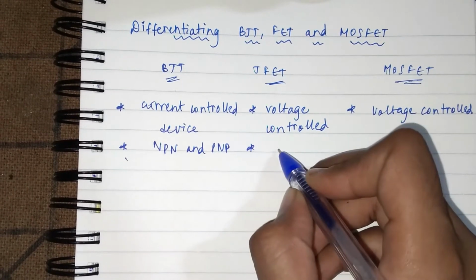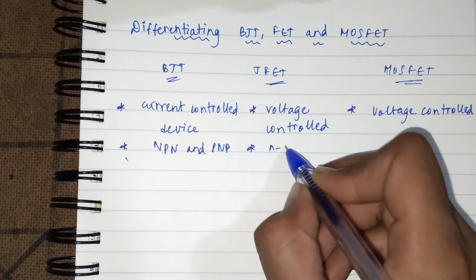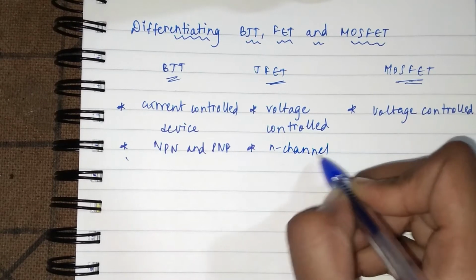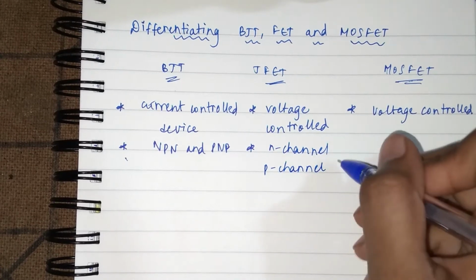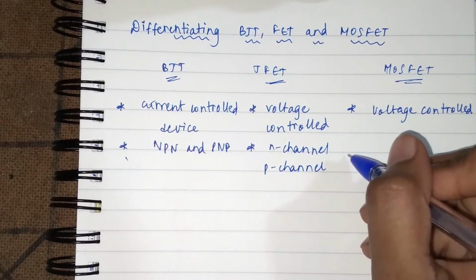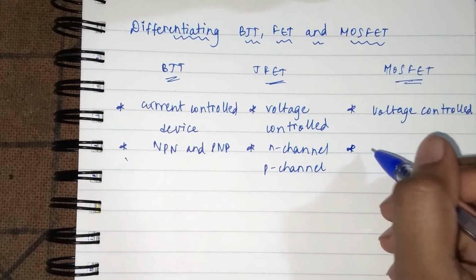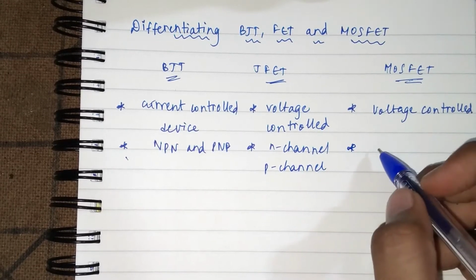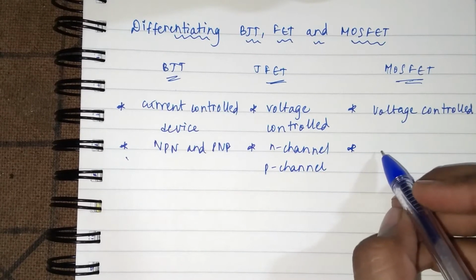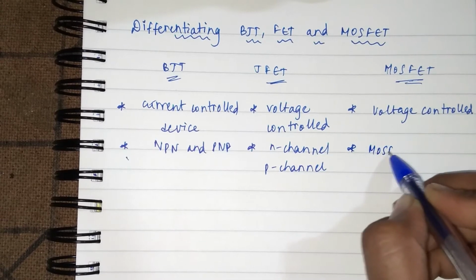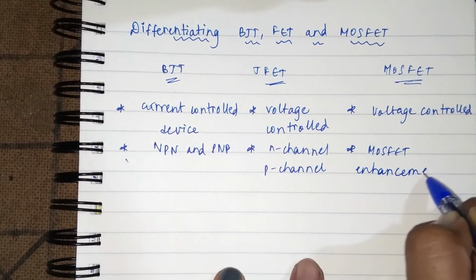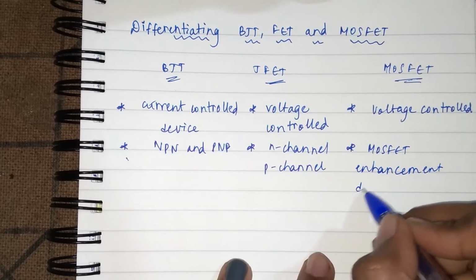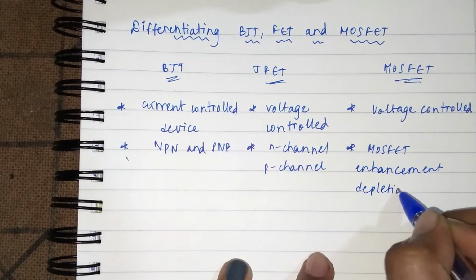So the two types of JFET are N-channel and P-channel JFET. We have discussed these two types of JFETs in the earlier videos. And the two types of MOSFET we already know are the enhancement and depletion MOSFETs.